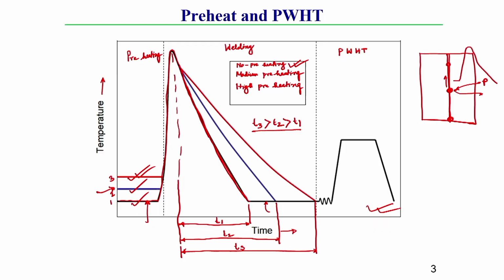That is why preheating is generally required in welding operations. If the cooling rate is decreased, chances of formation of martensite are less.